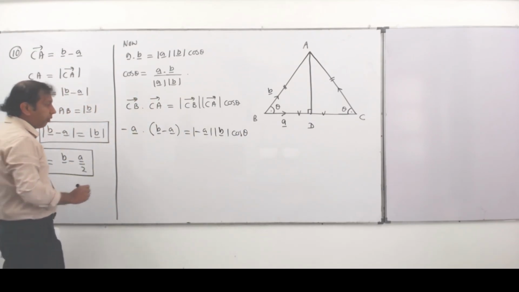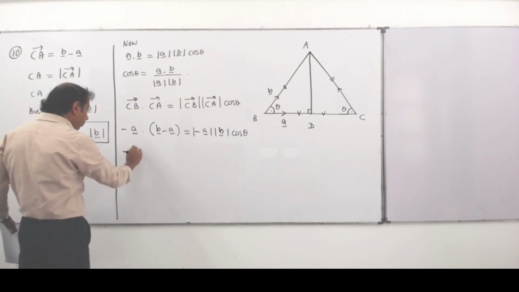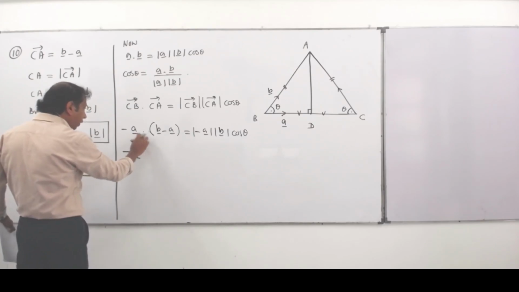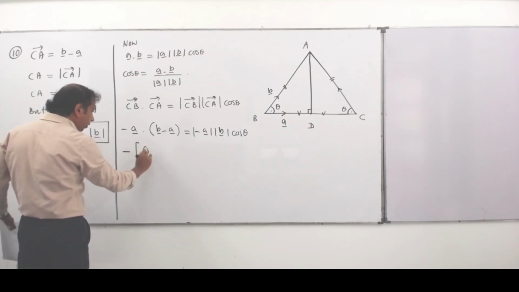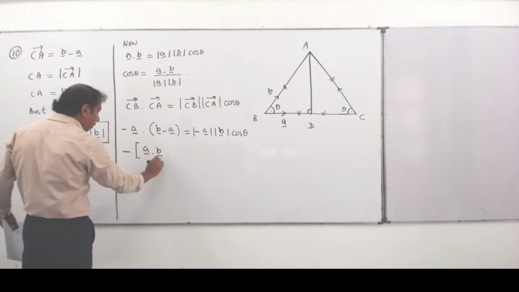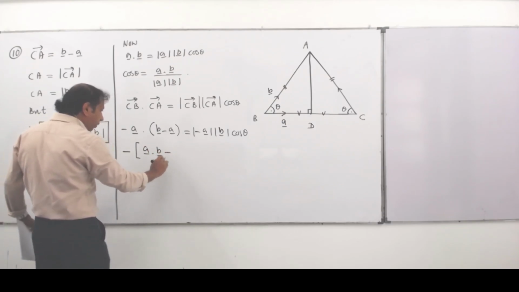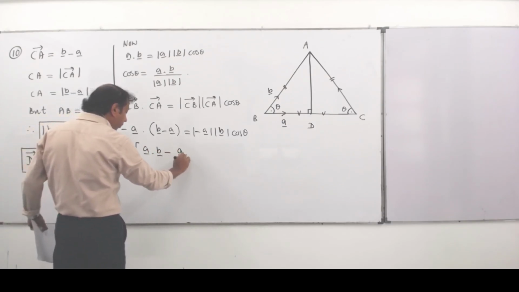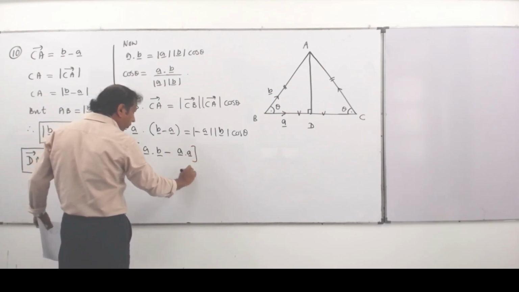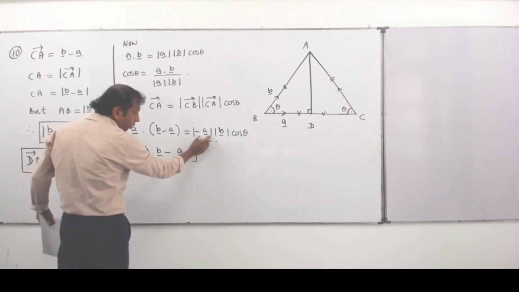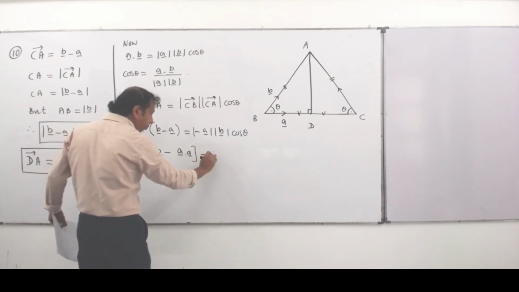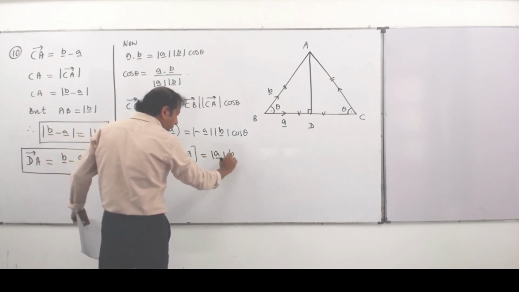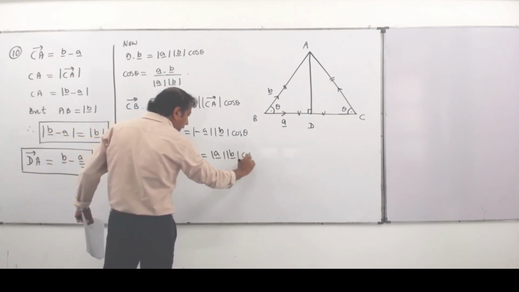Then we can write A minus A dot B. Remove the bracket by using the distributive law: A dot B minus A dot A. Right. Minus A mod means A, mod A, mod B, cos theta.